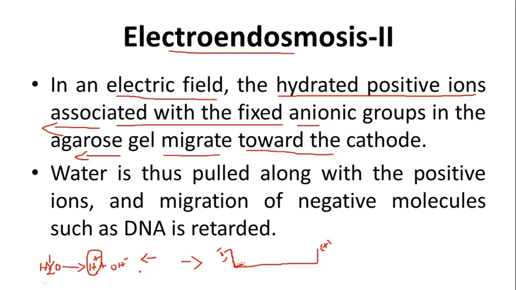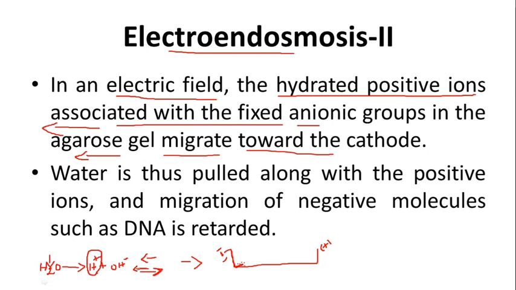So these hydrated cloud ions migrate to the cathode. At that time the direction of migration is opposite to that of the molecules, so the hydrated ionic clouds migrate oppositely.